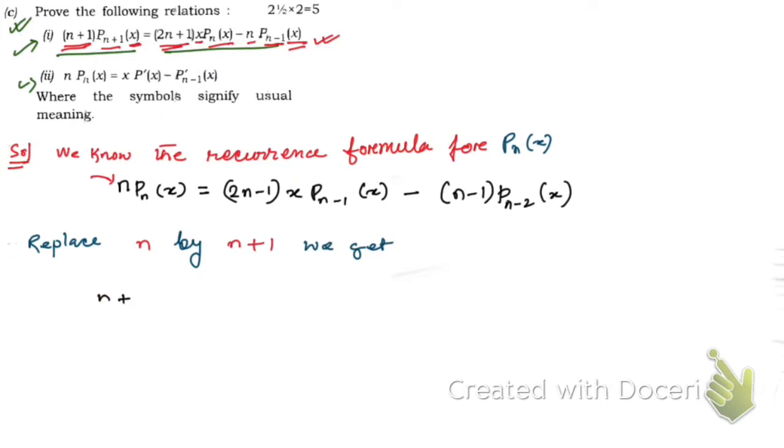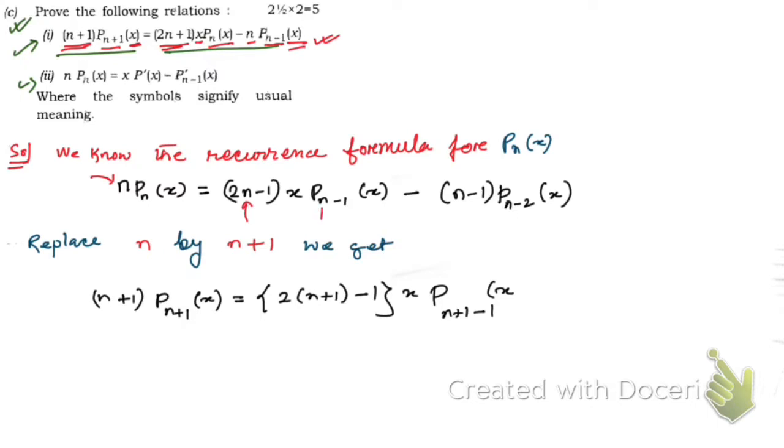After replacing n by n plus 1, we get this result, right? Here you put n plus 1, here also n plus 1, and doing so, we have got this result.